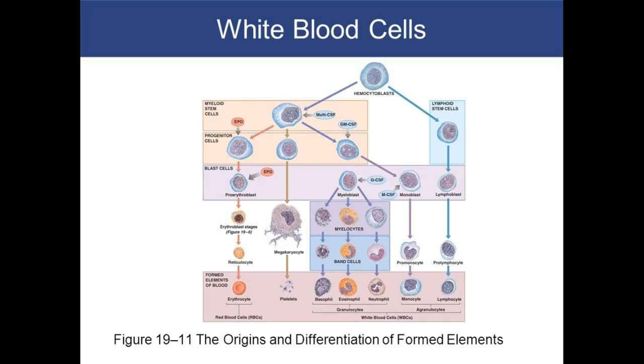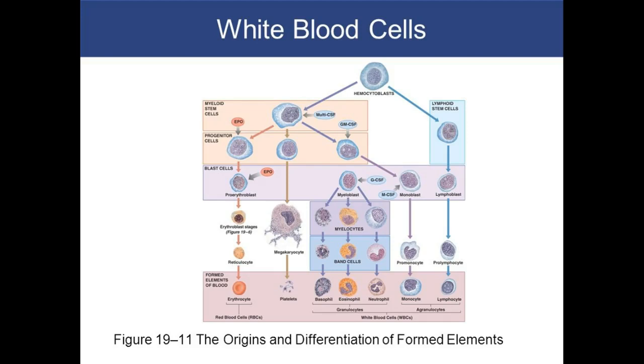So remember, those are the agranulocytes. That lymphocyte, we actually associate that with the lymphatic system. Comes from a different stem cell line, not the original progenitor cell, but a different stem cell line. And each time you have the colony stimulating factor and have a progression.